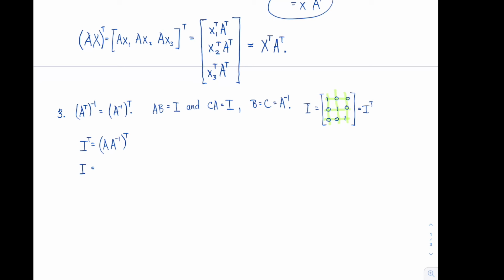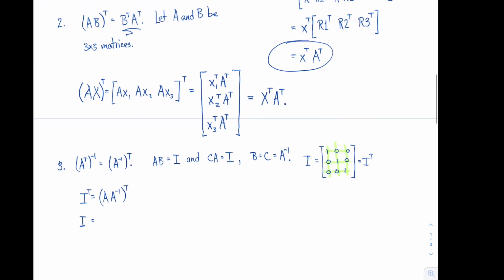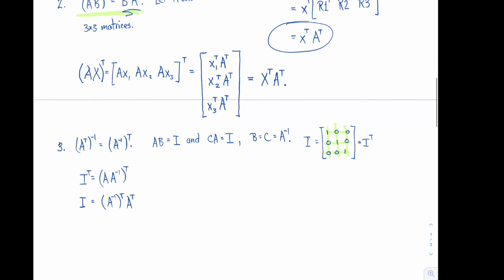Now, let's continue with our proof. If I have the product of two matrices transposed, we're going to use this property that we learned right here. So this becomes A inverse transposed times A transposed.